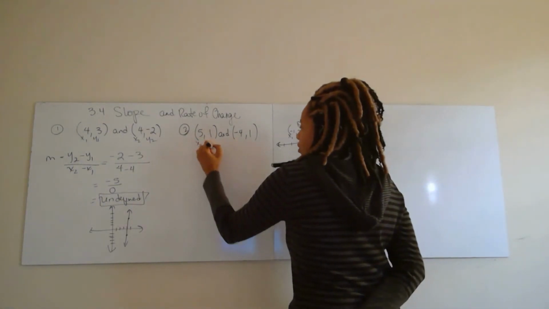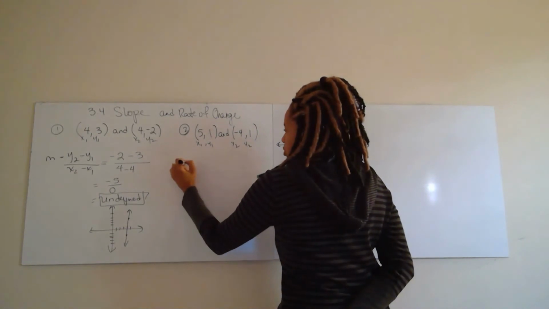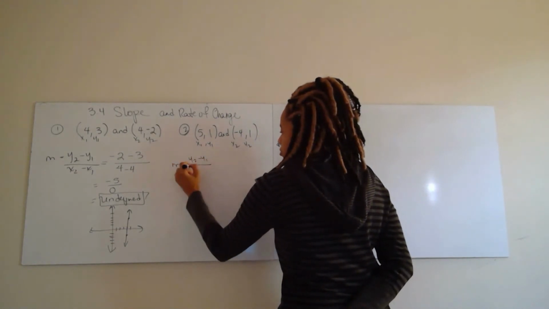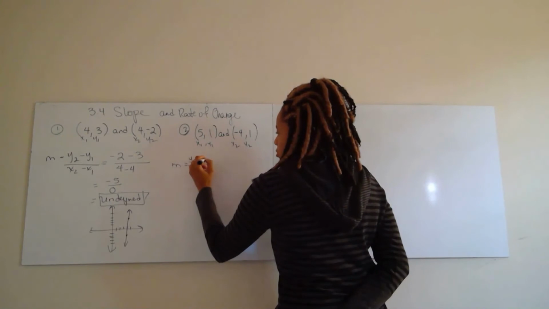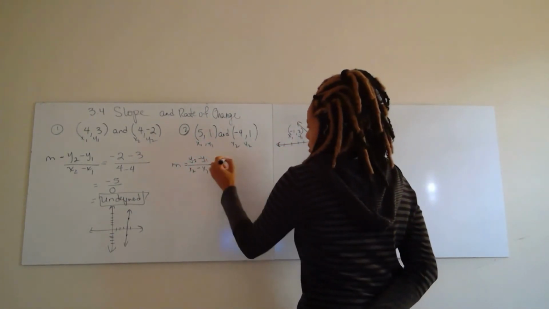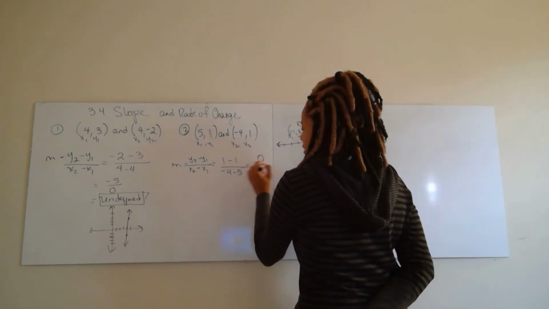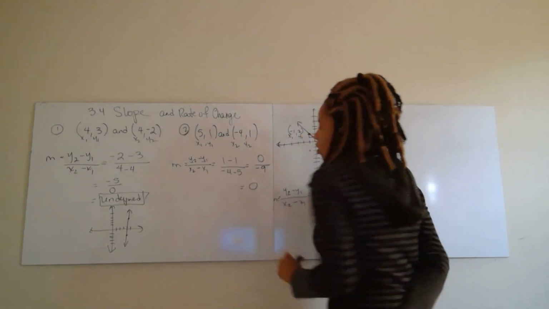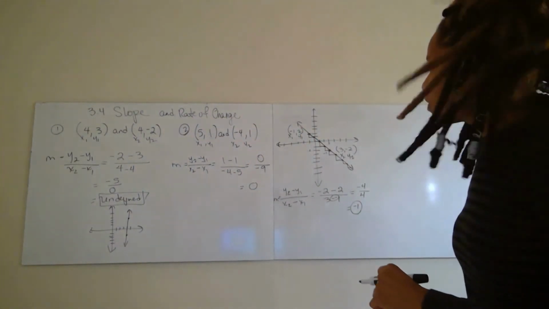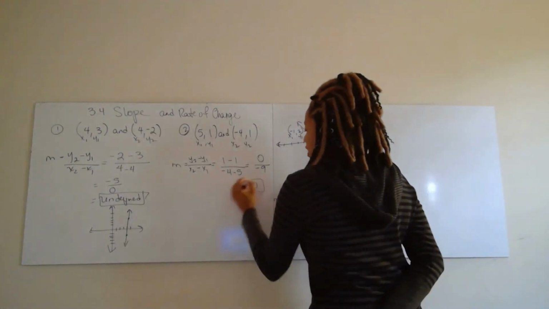Then we have x1, y1, x2, y2. So here, (1 minus 1) over -4 minus 5 gives us 0 over -9, which leaves us with 0. So 0 divided by -9 is 0, okay? So we get a slope here of 0.